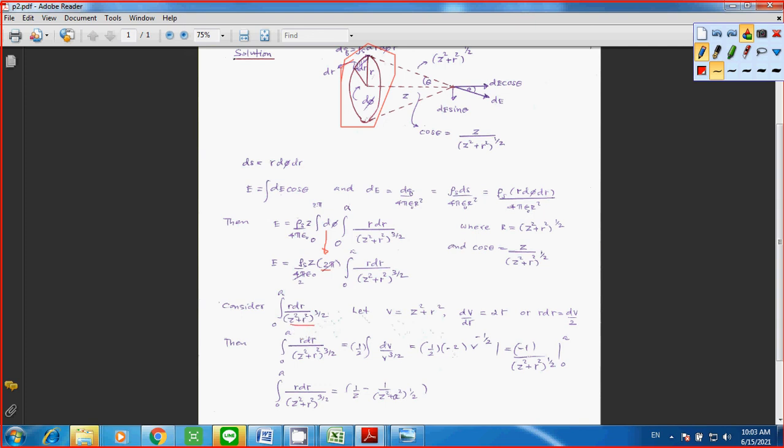You let this term z squared plus r squared become v, and dv by dr does give you 2r, or r dr. This one is going to be dv over 2, right? So you can integrate. Okay, you can work out on this one.